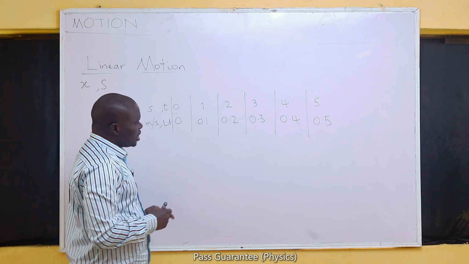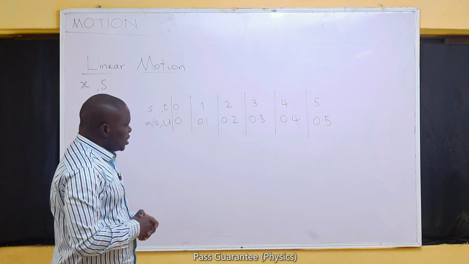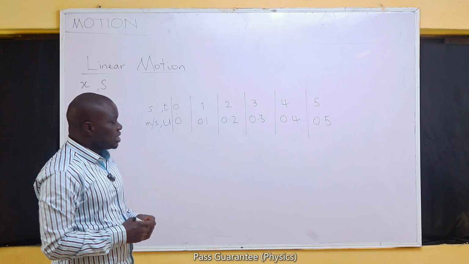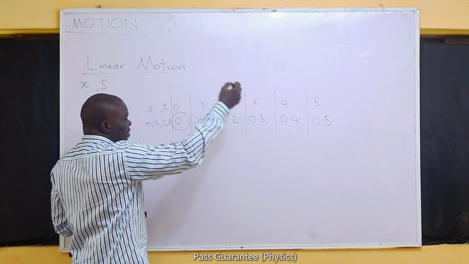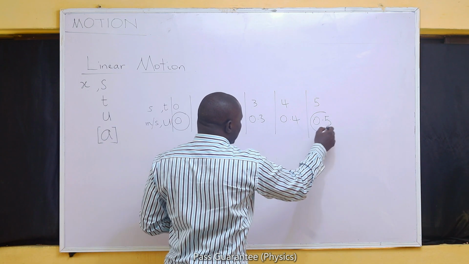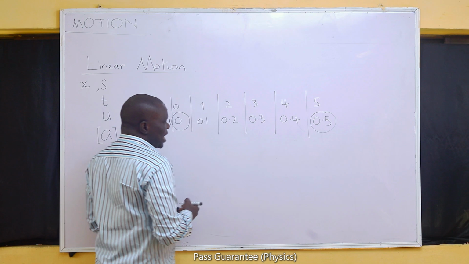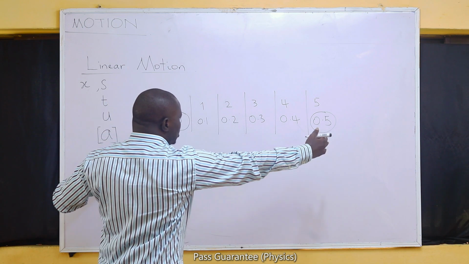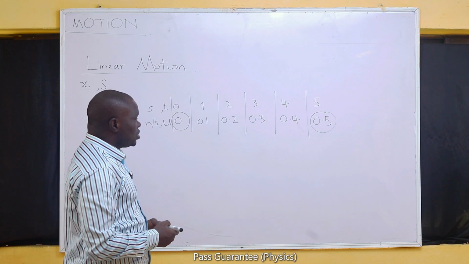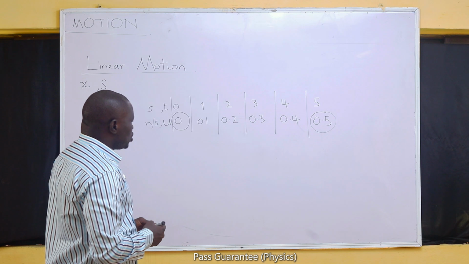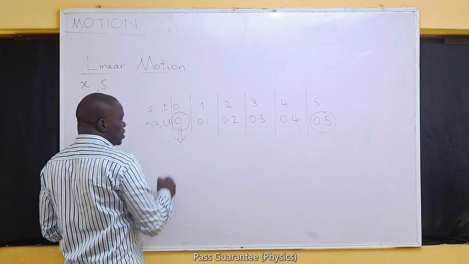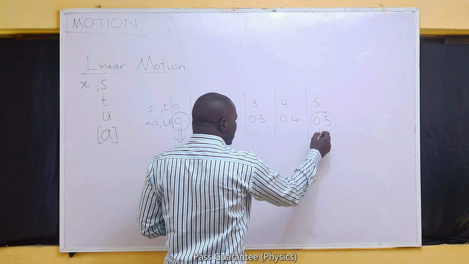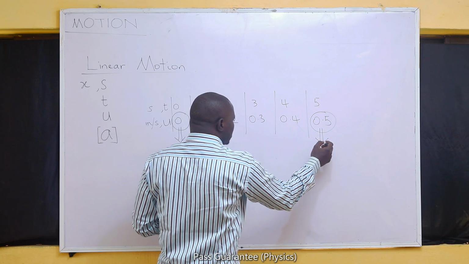Now, we'll check the board. The velocity actually started with a value of 0. And after 5 seconds, the velocity became 0.5. So with that, if this is just the motion of the object, there must be a letter that I'm going to use to represent this velocity, and there must also be a letter that I'm going to use to represent this velocity.